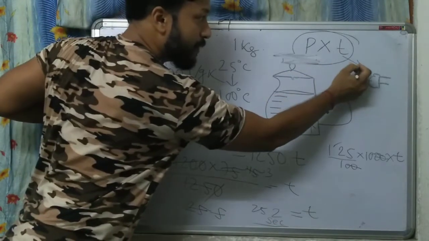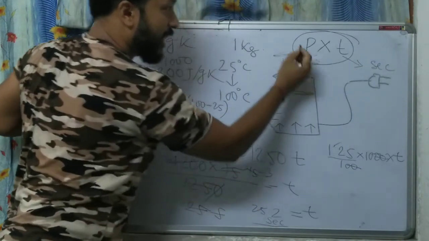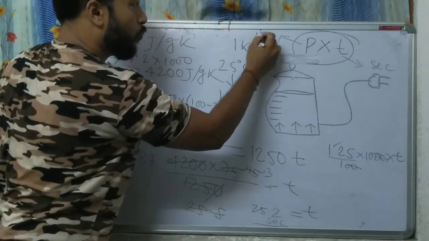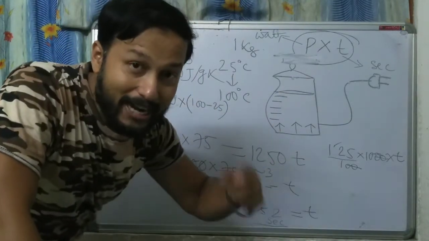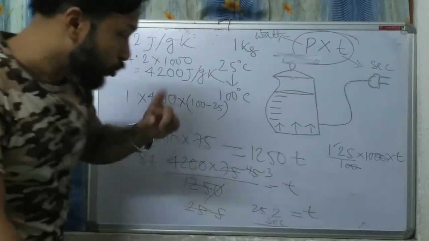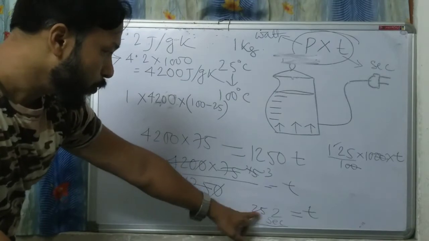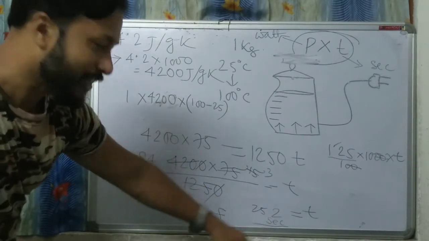This time has to be in seconds and the power has to be in watt. So that's why we are getting 252 seconds.